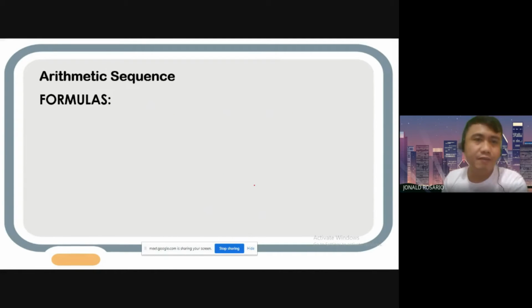Okay? So ano ba yung mga formulas na gagamitin? The formula that we're going to use in this arithmetic sequence is a sub n is equal to a sub 1 plus n minus 1 times d. Okay?